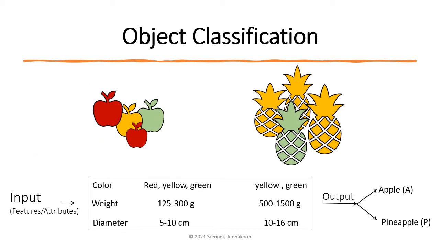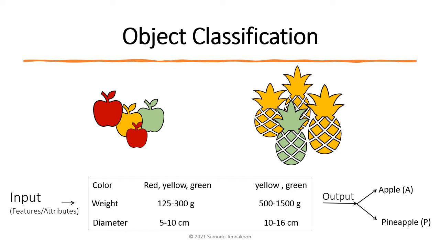Before we explore the methods, let's recap our familiar problem, which is to predict the name of a fruit, whether a given fruit is an apple or a pineapple. I made the assumption that in this world we have only two fruits, apple and pineapple, but there could be different varieties of apples and pineapples, right?